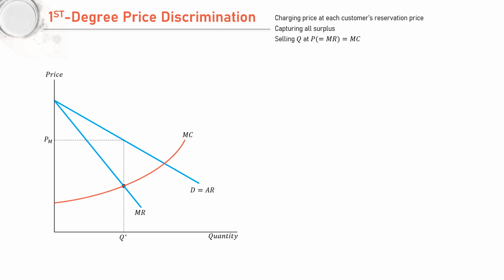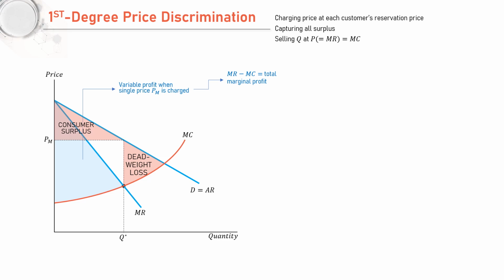We don't draw the average cost curve at the moment, but we know that this area is the variable or total marginal profit of the firm. On the other hand, these two triangle areas represent consumer surplus and deadweight loss respectively. Do you remember? The two areas could not be captured by the firm.